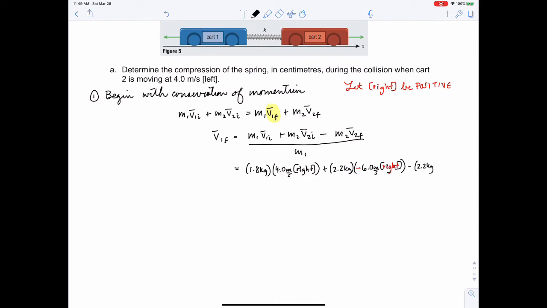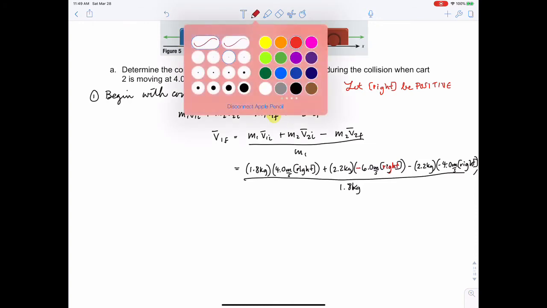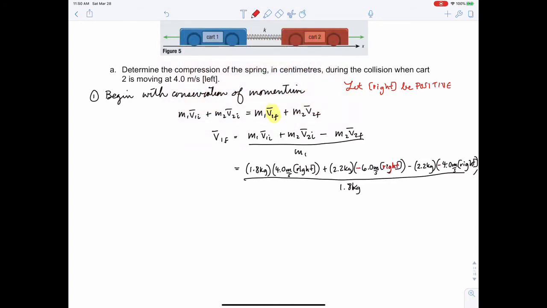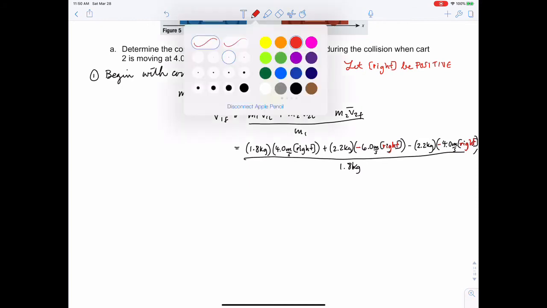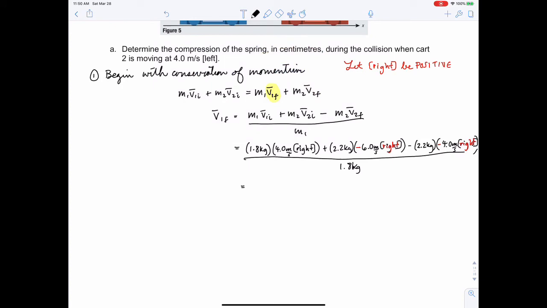Minus, at the time of the impact in which we're concerned about the compression of the spring, the velocity of object number 2 is 4 meters per second to the left, or negative 4 meters per second right. Again, I just want to highlight that we have changed the direction. And now we can sub and solve.